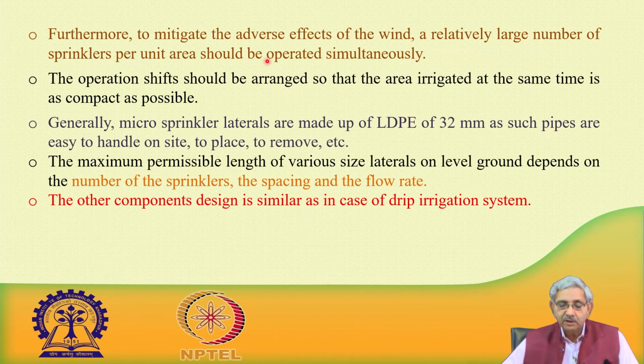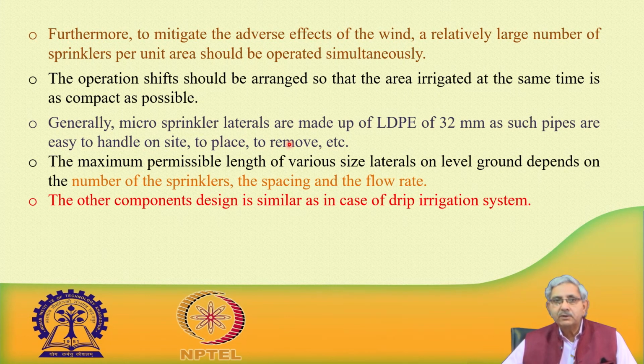Furthermore, to mitigate the adverse effect of wind, a relatively large number of sprinklers per unit area should be operated simultaneously. The operation shift should be arranged so that the area irrigated at the same time is as compact as possible.